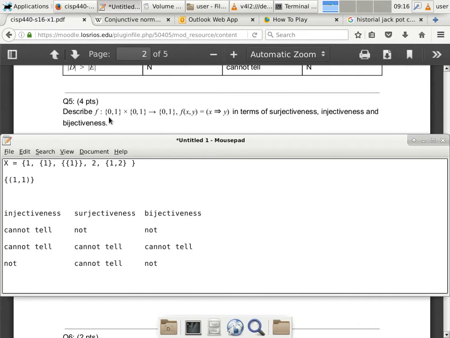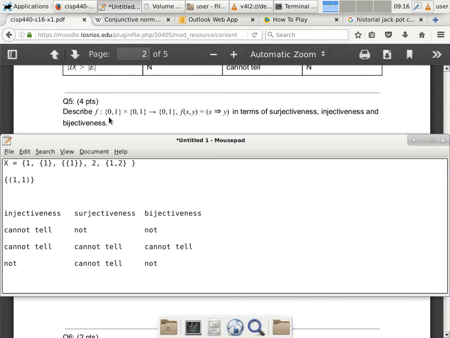In other words, there are two parameters to f. The first one is either a true or a false. The second one is also either a true or a false. It maps to just {true, false}. And I want f(x, y) to be the same thing as x implies y. And I want you to describe whether this function is surjective, whether it's injective, and whether it's bijective.